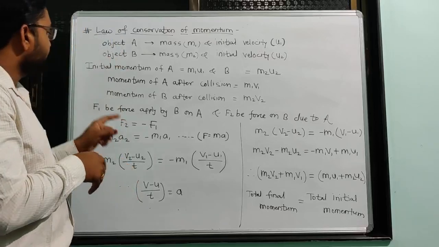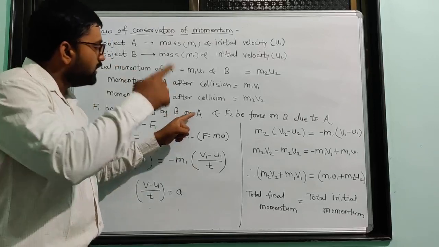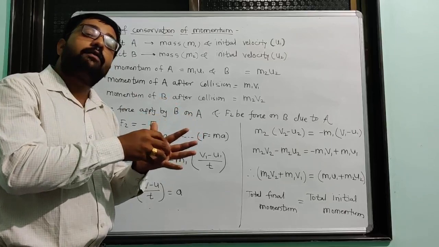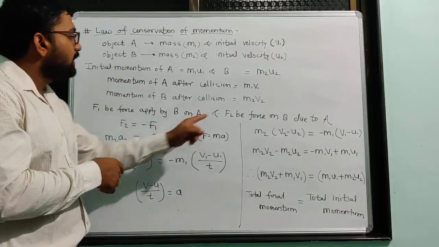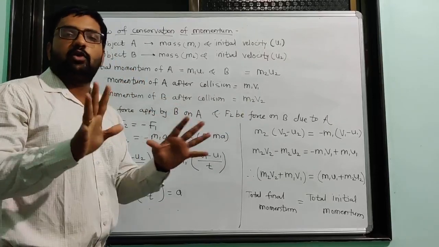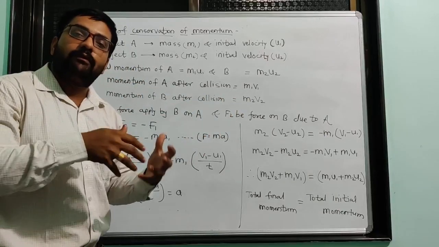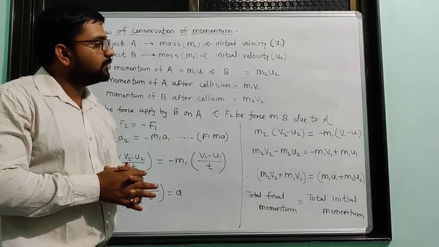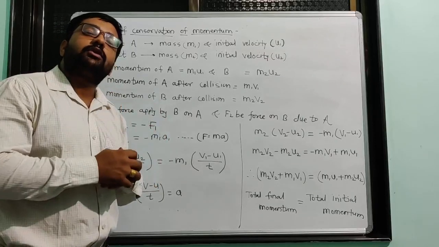Here we say F1 is the force applied by B on A, that is, the force on A after collision by B, and F2 is the force on B due to A. They apply force on each other according to Newton's third law.